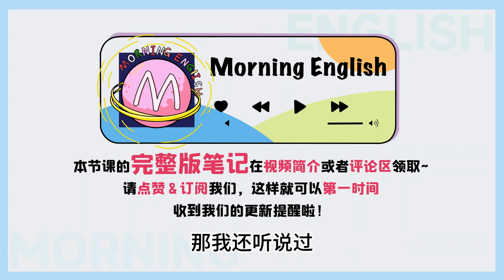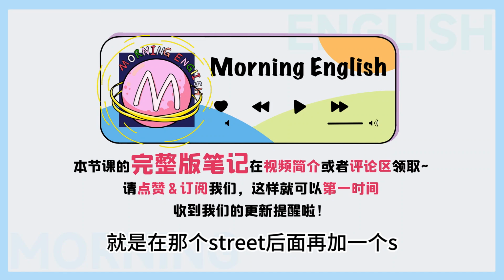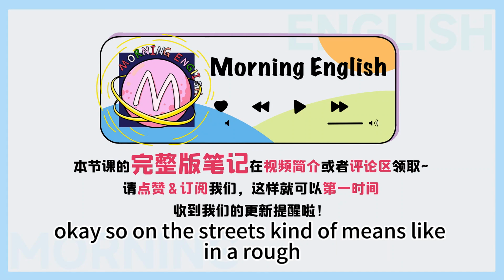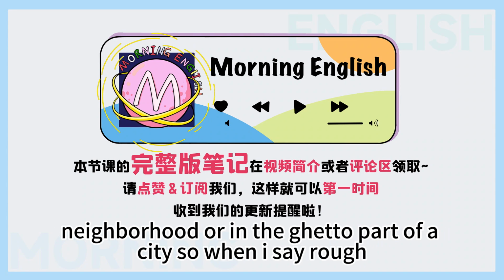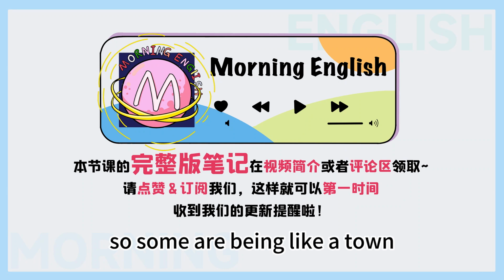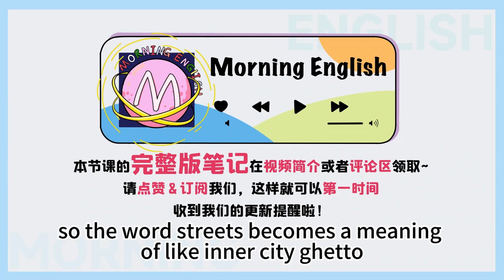好，那我还听说过有人讲一个短语叫做 on the streets，就是在 street 后面再加一个 s，这是什么意思呢？Okay, so on the streets kind of means like in a rough neighborhood or in the ghetto part of a city. When I say rough, I mean poverty levels are higher than a suburb. So the word streets becomes the meaning of inner city ghetto.